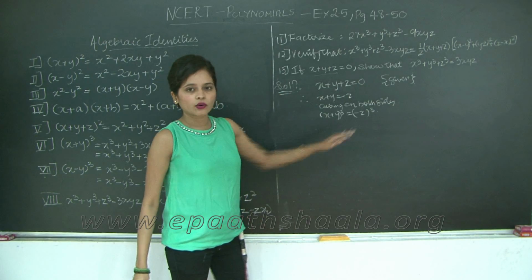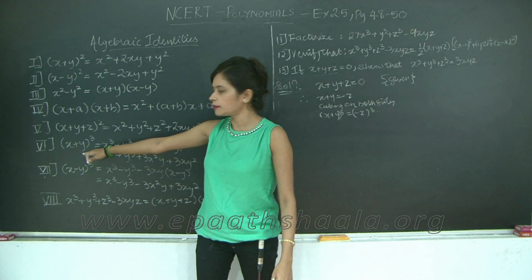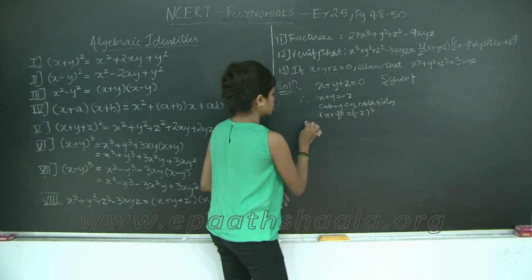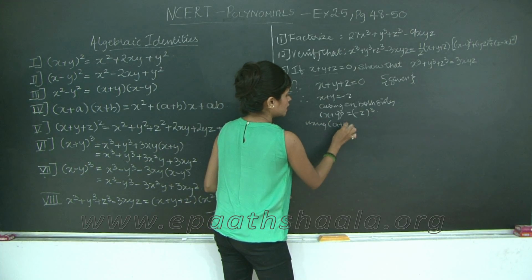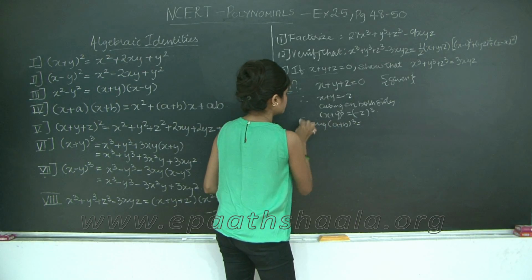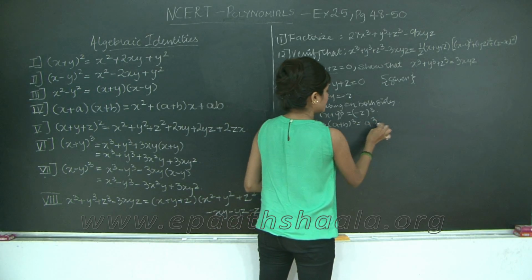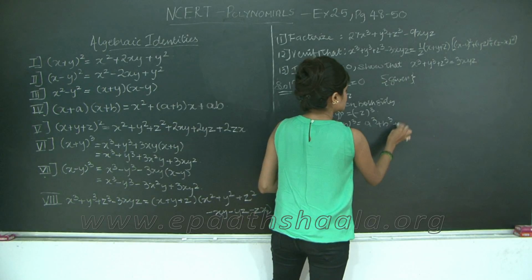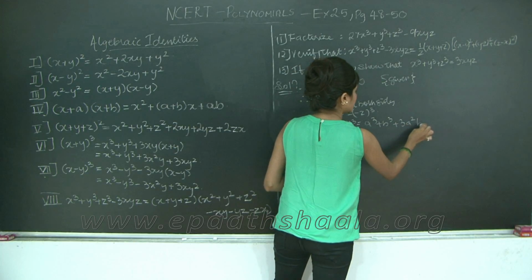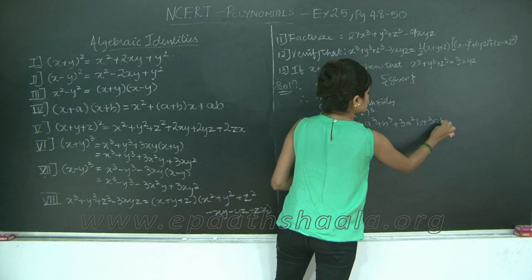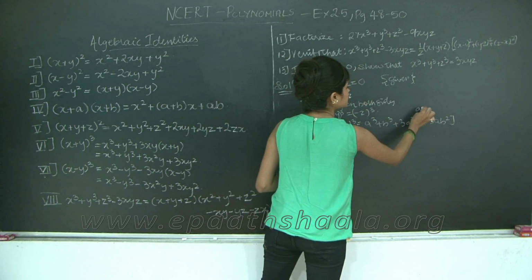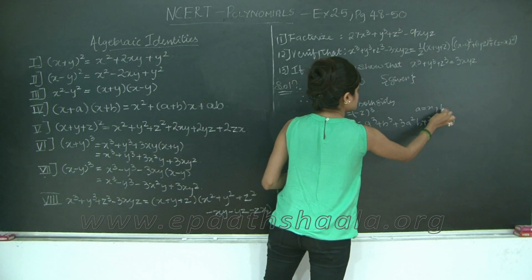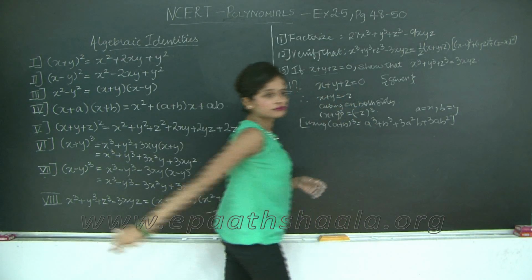Now (x + y)³ is our identity number 6, right? So using (a + b)³ is equal to a³ + b³ + 3a²b + 3ab², right? Now my a is x and b is y, right?